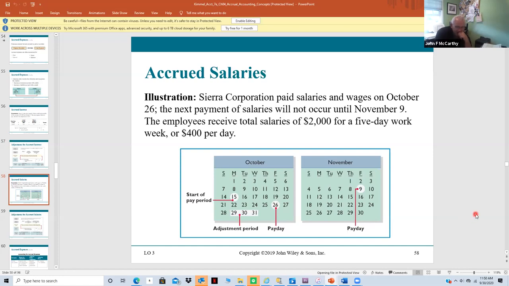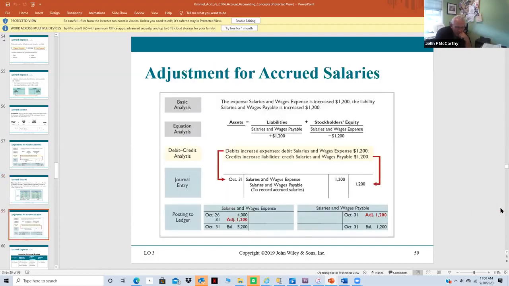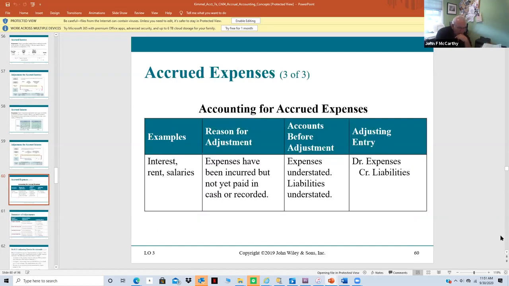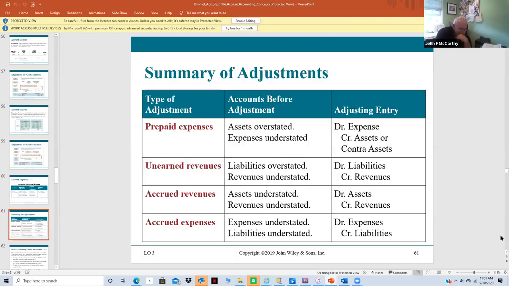Somehow it had 4,000 in there. I'm not sure why that's the whole balance, but anyways, we'll focus on the adjustment, right? The 1,200, the 3 days at $400. All right, there's that.